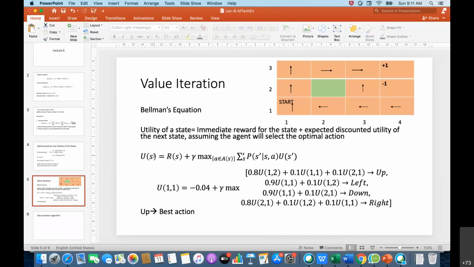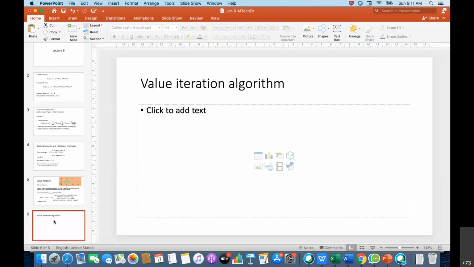Then we are assigning it to the left hand side. Then we are updating the neighboring utility values corresponding to that state, and with that, we are again repeating this. So this is how we are going to proceed.